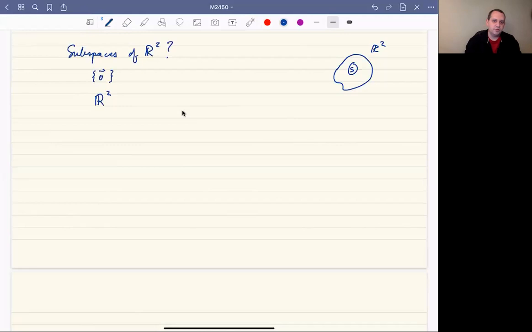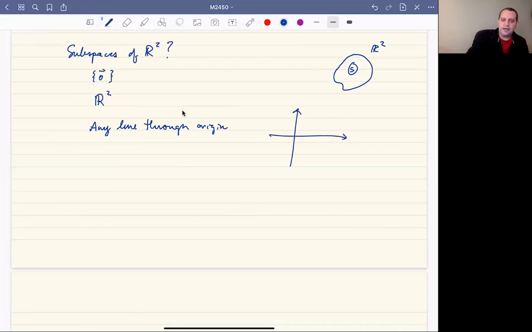In R2, there's an additional type of subspace. It turns out that any line through the origin will also be a vector space. And so here the idea is pretty simple. What I mean by a line through the origin, and this takes a little bit of imagination here.